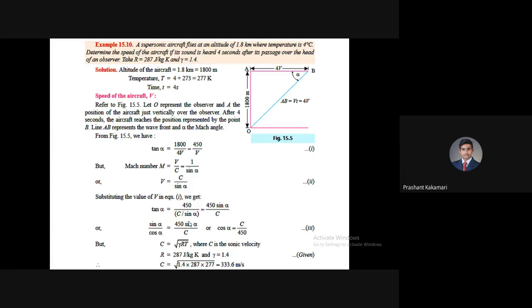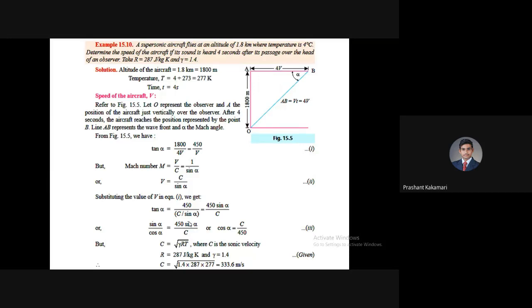So in place of the Mach number, maybe an angle is given. Just observe, the angle is also not given. Other than this, they have told two parameters: the altitude, vertical height, 1.8 kilometers, and the sound is heard by the observer after 4 seconds of the passage.